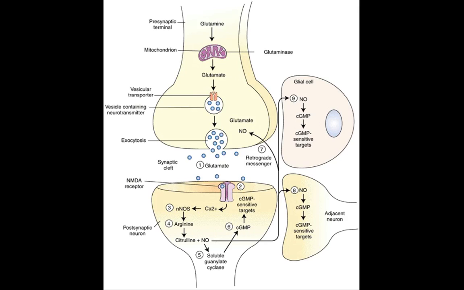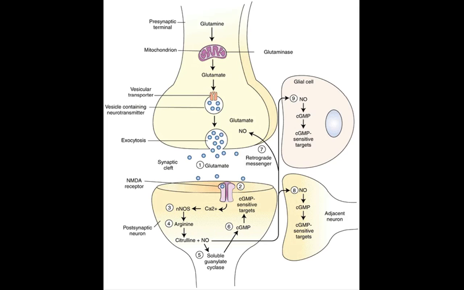But this nitric oxide interacts with the heme moiety of a soluble guanylate cyclase enzyme. So again, the nitric oxide will interact with the heme moiety of soluble guanylate cyclase. And when that is activated via allosteric transformation, there's an activation of this enzyme, and it produces cGMP.